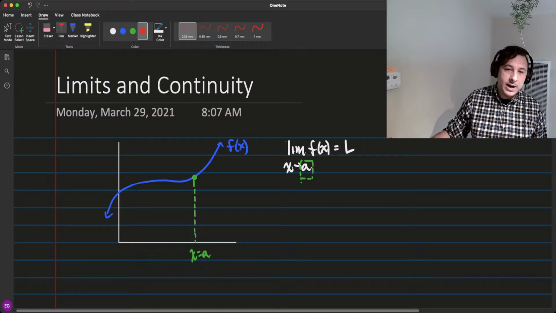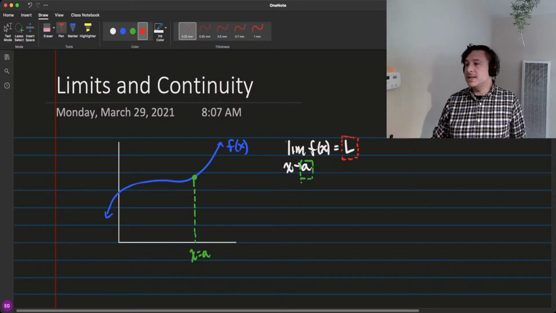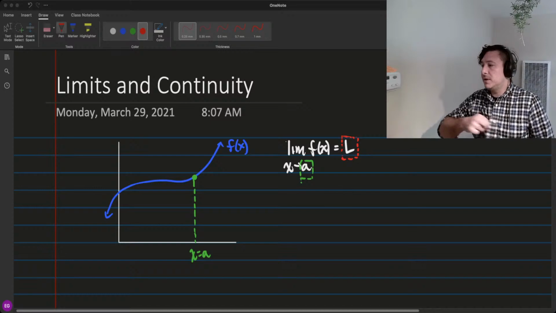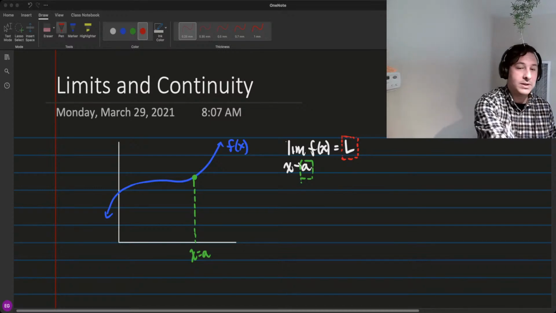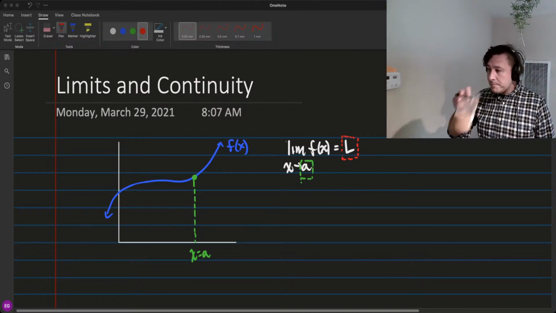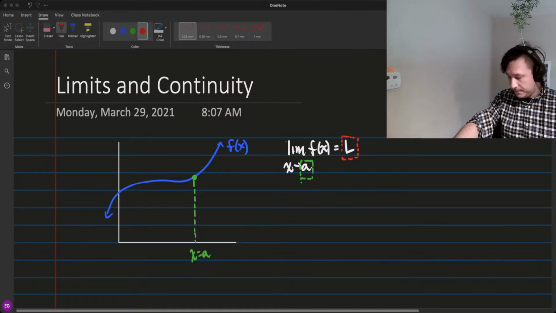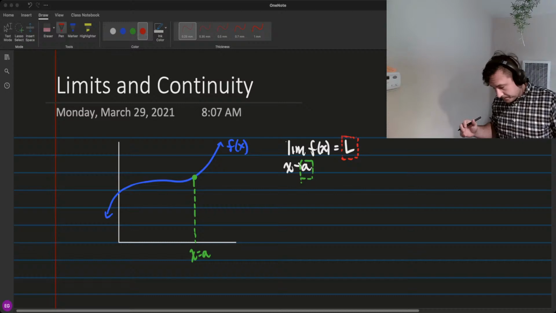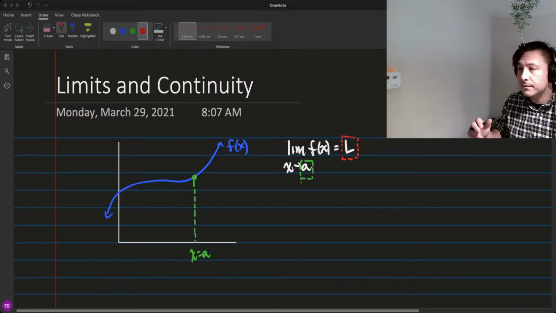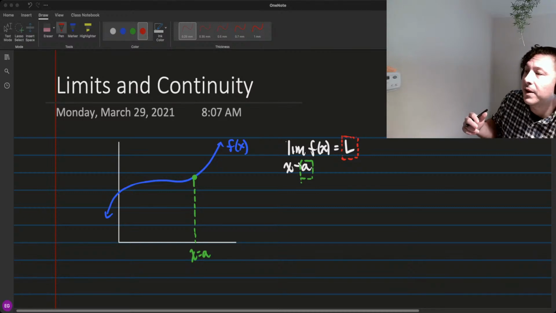Now, where do I draw L? If x is approaching a, then where does the L belong? It's on the y-axis.